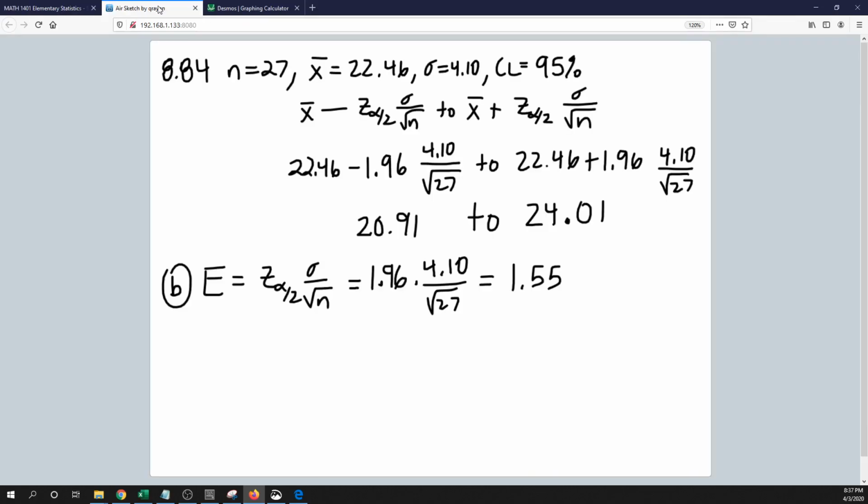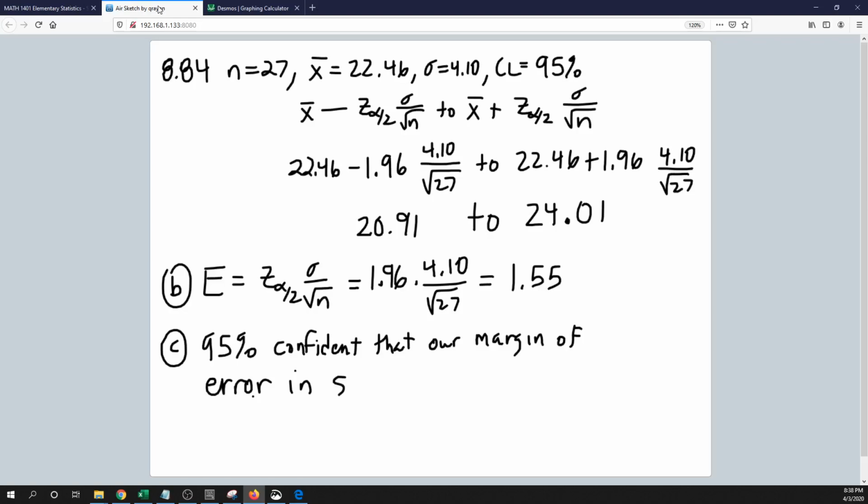What that means is that we are 95% confident that our margin of error in estimating mu, the population mean, is at most 1.55, and that's in percent body fat.